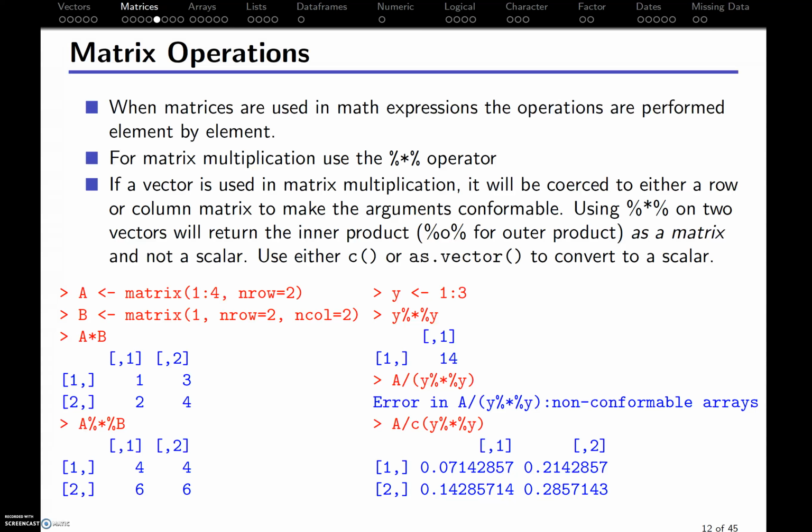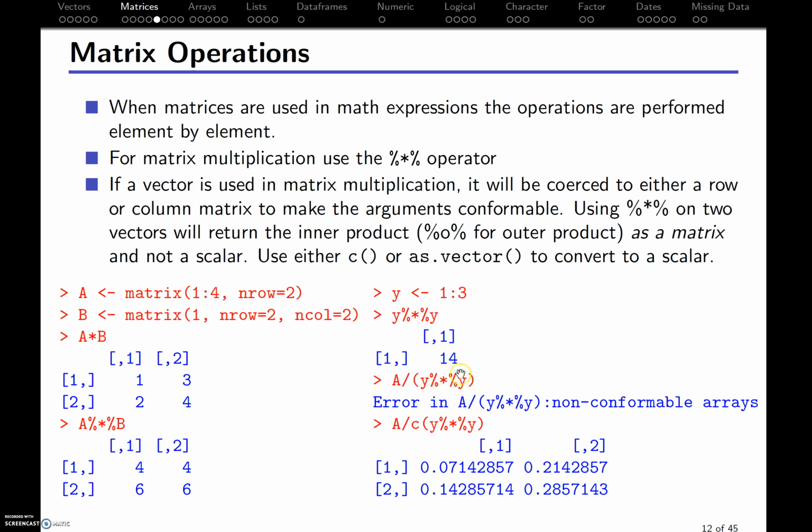Finally, also, if we create a vector y, we can do an inner product here on y. So this would be 14. Make sure you understand where that comes from. And then if we wanted to run an expression like this, where we divide a matrix A by the inner product, it's going to give us an error because it's saying you cannot do matrix division because these are non-conformable.